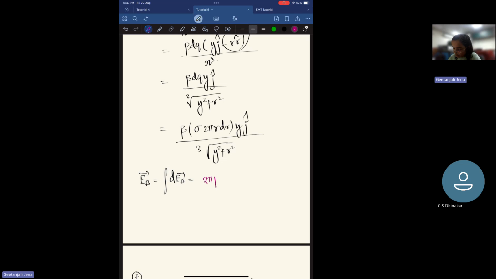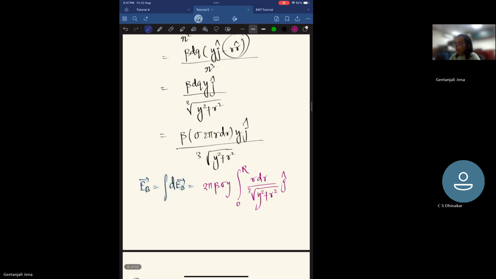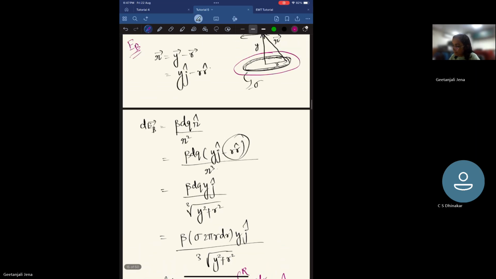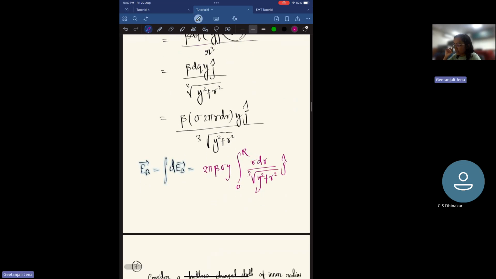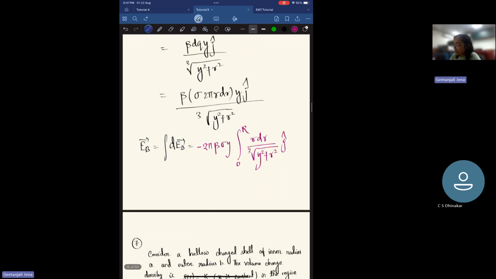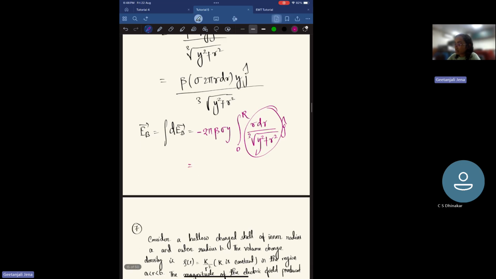So pi beta sigma y. Because the sigma is negative, there is a negative sign here. And this integration we already know, this will give 1 by r.